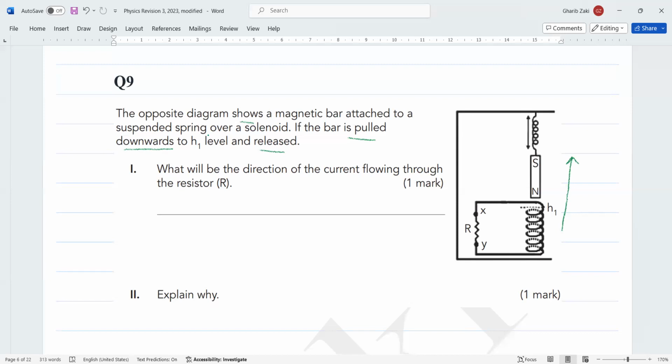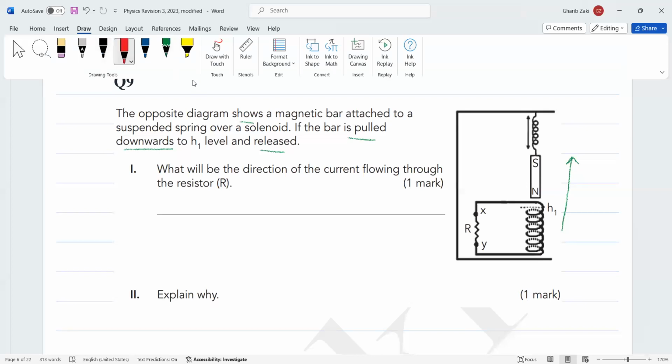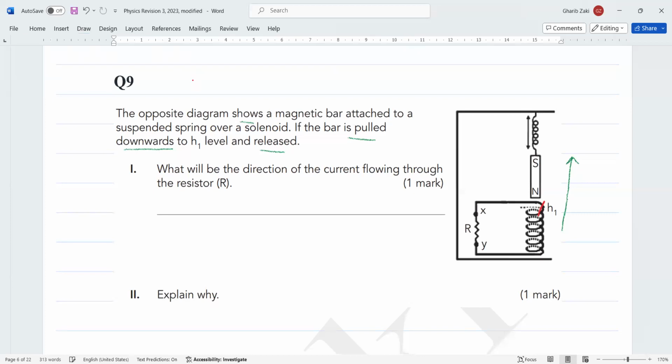When the magnet leaves H1, according to Lenz's law, this is north. Then when it moves out, the polarity here will be south, to attract it. Then the polarity down is north.